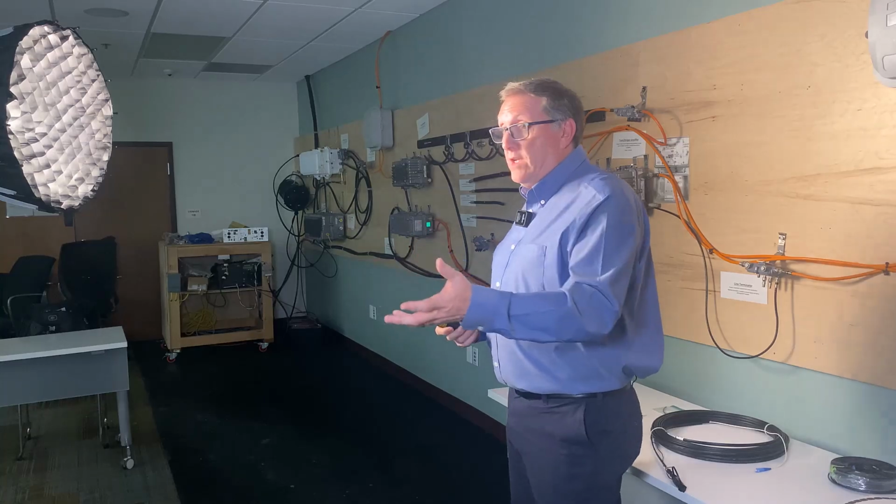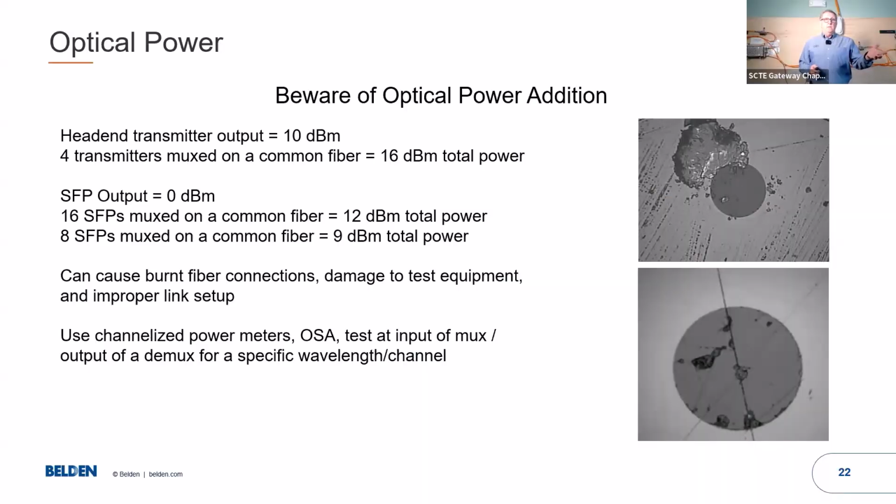The first rule of working on an EDFA is unplug the EDFA. You never work on a live EDFA because there's too much power. The pictures on the screen are actually ends of fibers that were burnt. When light levels get too high, you can actually blow chunks out of the end of your connectors. You can burn connectors, you can damage the end of the connectors from optical power. That's why it's real important to pay attention to what's on it.